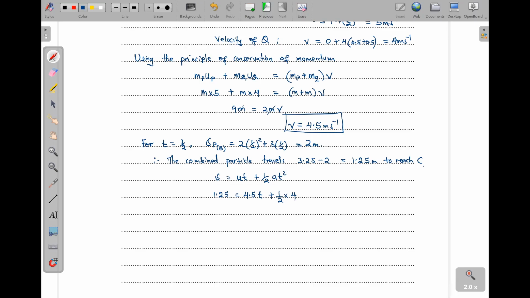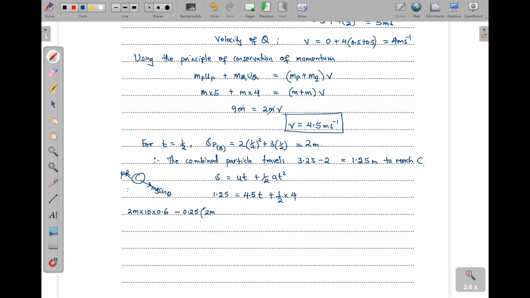Because even if we say that it is one combined particle, it is going down, so there is mg sine theta, and then there is mu R. So we can have the combined mass is going to be 2m, right? 2m times 10, times sine of theta, was it 0.6? Yes, 0.6. Then minus mu is still 0.25. Then R is going to be mg cosine.